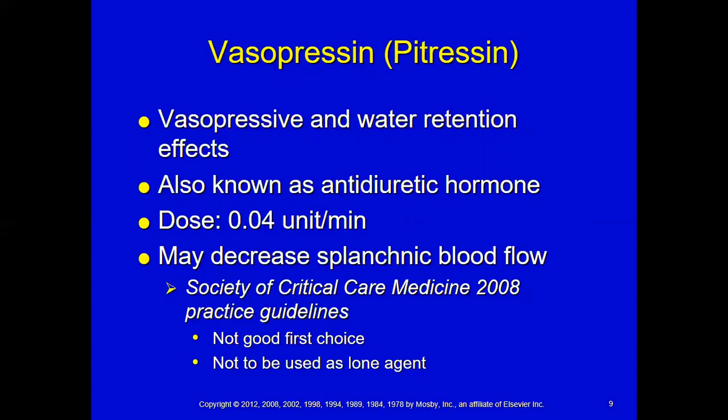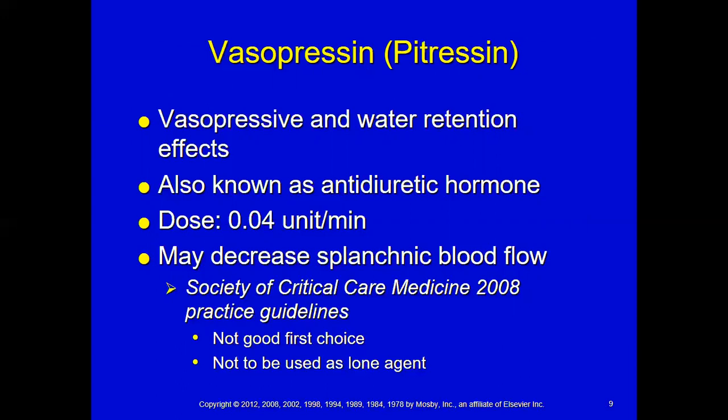We typically don't use it as an agent just alone and say, I'm going to give you vasopressin. This is where we see vasopressin used a lot, in our code situations. When I've lost my blood pressure, I need to hold everything in. That's where you're going to see us use vasopressin. If I've got a really critical patient in the ICU, we're giving them levofed, we're kind of maxed out on the levofed, then we'll add vasopressin on because it's going to decrease some blood flow into your spleen, which can cause a problem immunologically because everything runs through our spleen.